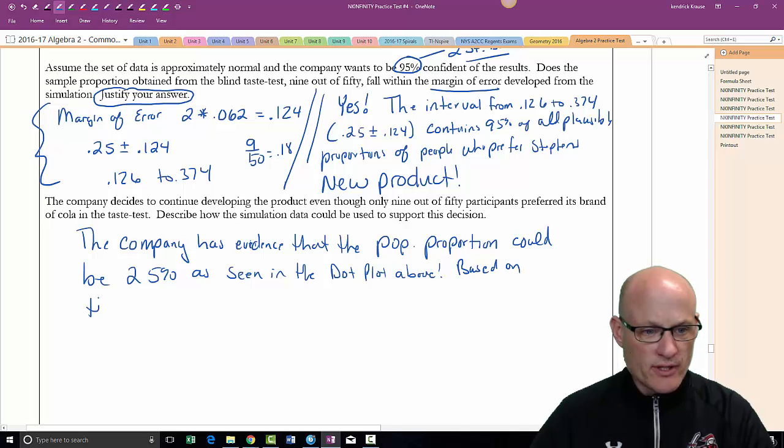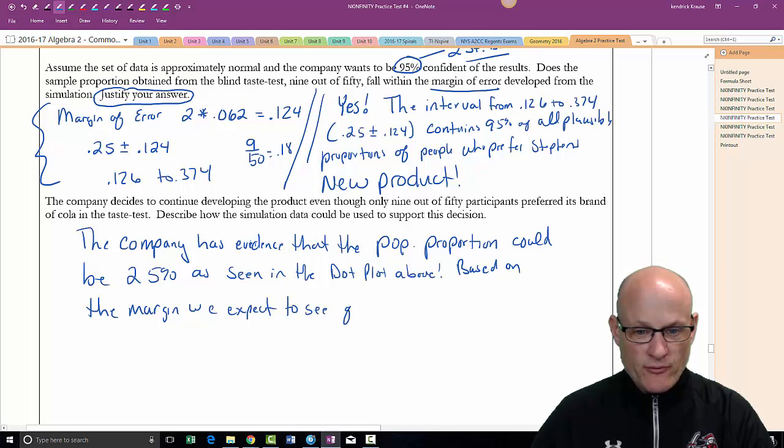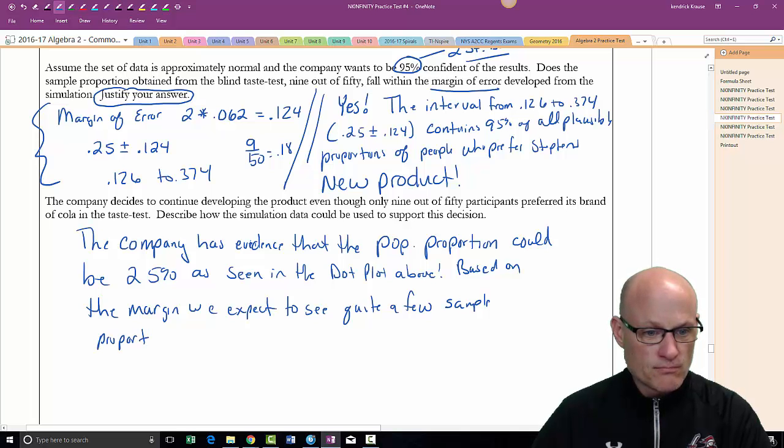Based on the margin of error, we can expect to see quite a few sample proportions of 0.18 or less.